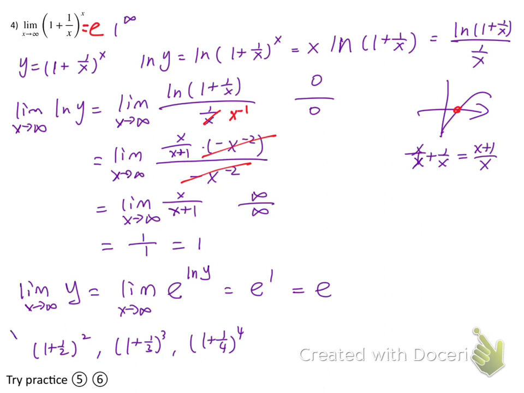As x approaches infinity, you have smaller and smaller base, still bigger than 1, but the little bit bigger than 1 gets smaller and smaller, but meanwhile you have more power. And this list of numbers actually goes to e.